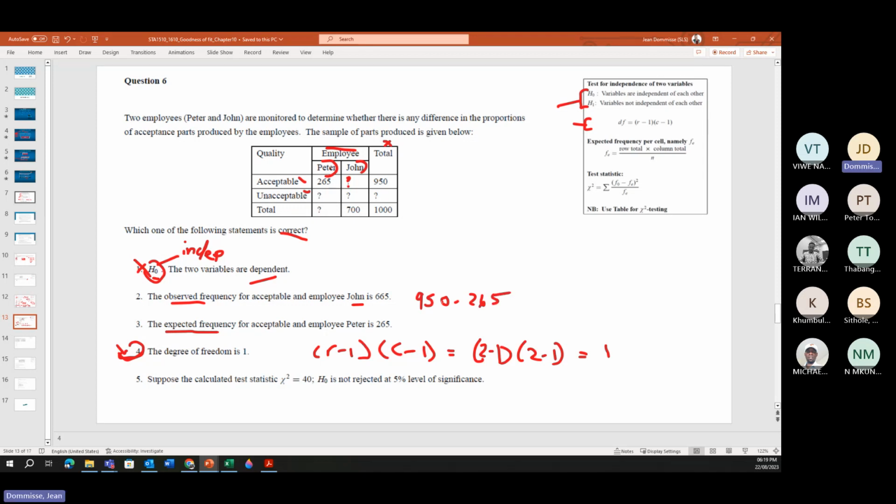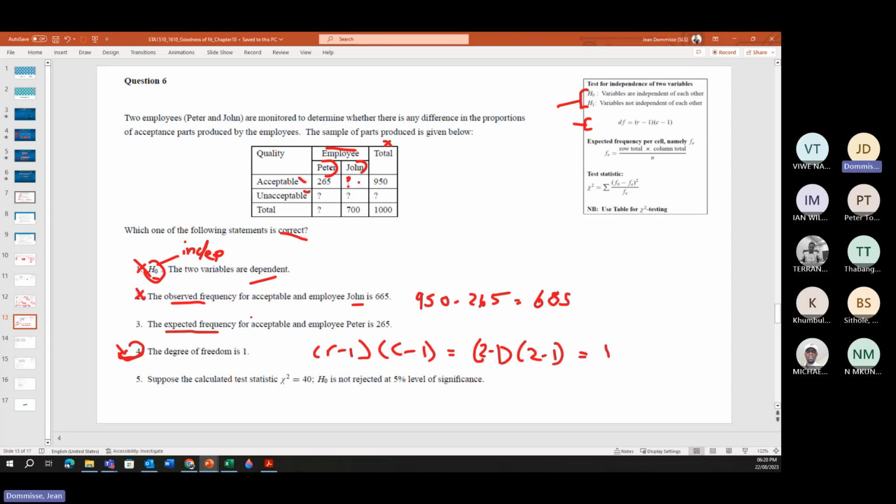So that expected value for acceptable and John is 950 minus 265, which is equal to 685. Okay, so it's 685 and not 668 or 665, so that was incorrect.